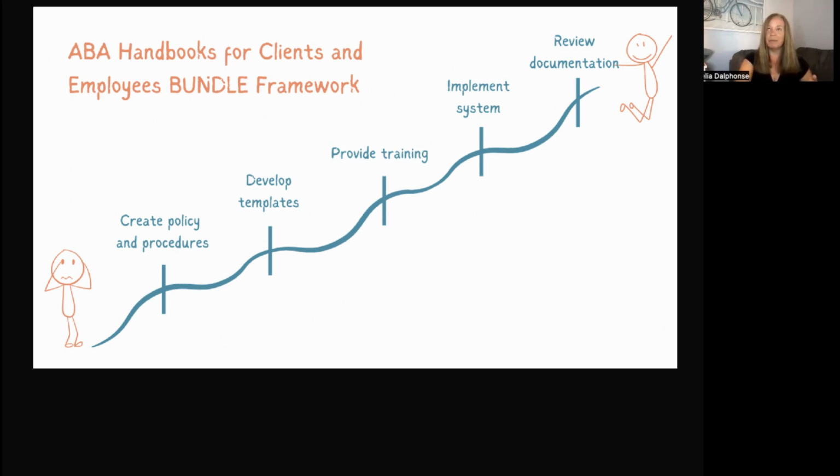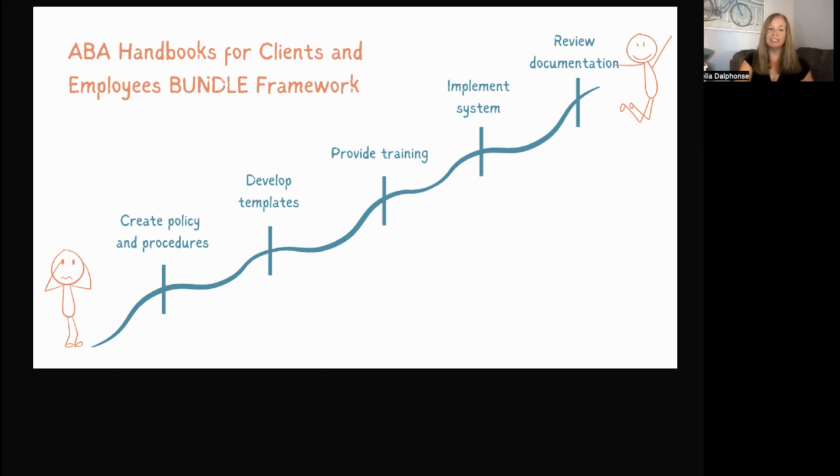So this is, again, remember, we're looking to help ABA business owners get from feeling frustrated and overwhelmed with setting up their ABA company to feeling confident and like their business is going to be a success. So we're going to create a framework to bring them through that journey.